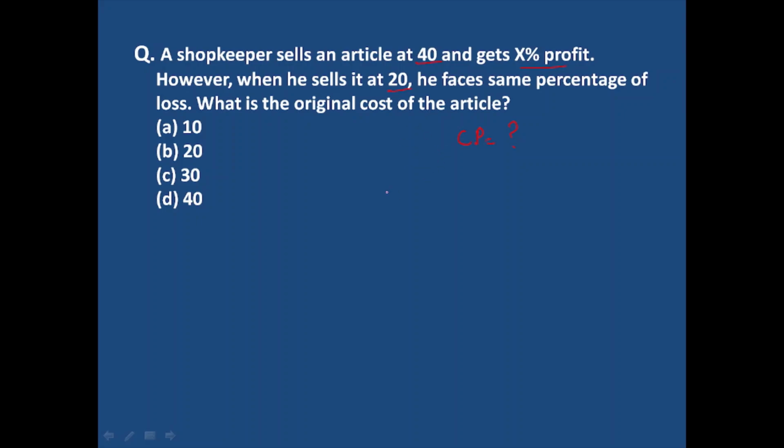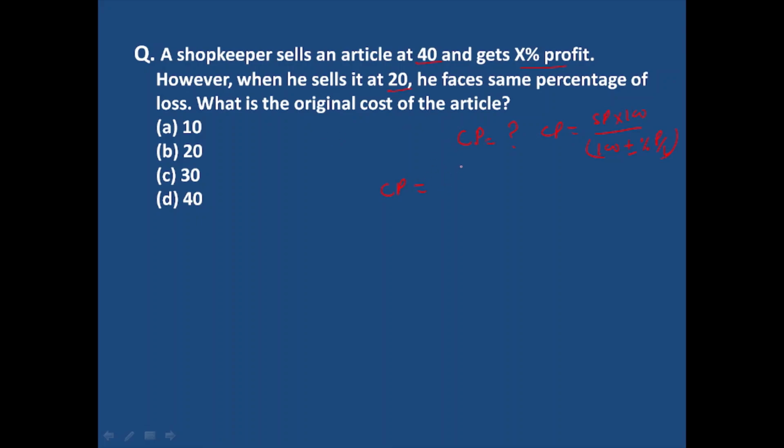CP is equal to SP into 100 divided by 100 plus or minus percentage profit or loss. In the case of profit, we use the plus sign, and in the case of loss, we use the minus sign. So we have to find the cost price of the article.